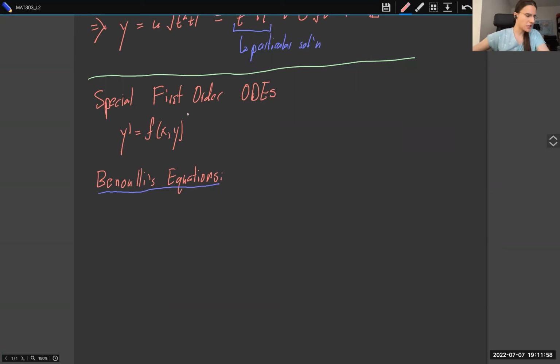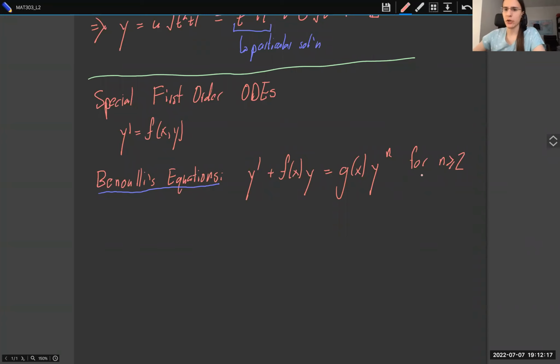So Bernoulli's equations are equations of the form y prime plus f of x times y is equal to g of x times y to the power of n, for n greater than or equal to 2. Why n greater than or equal to 2? Because if n is 1, then this just groups with the y and it's a homogeneous first order linear equation.